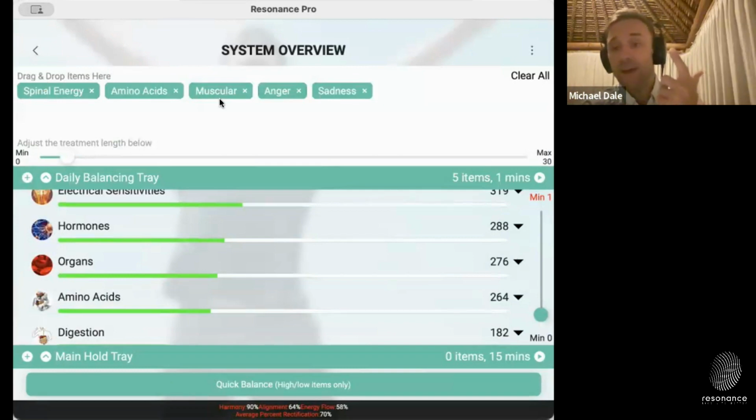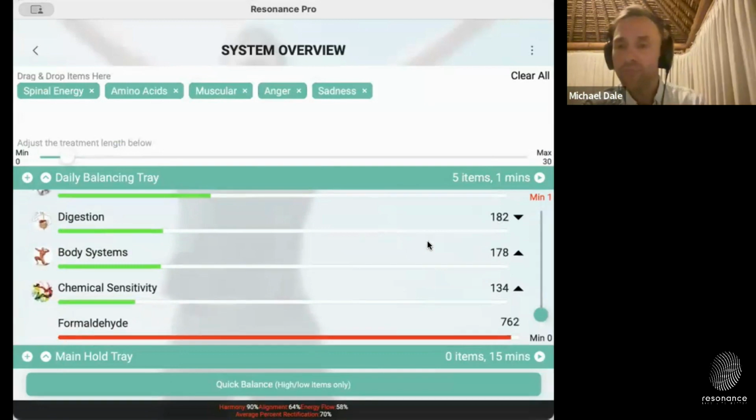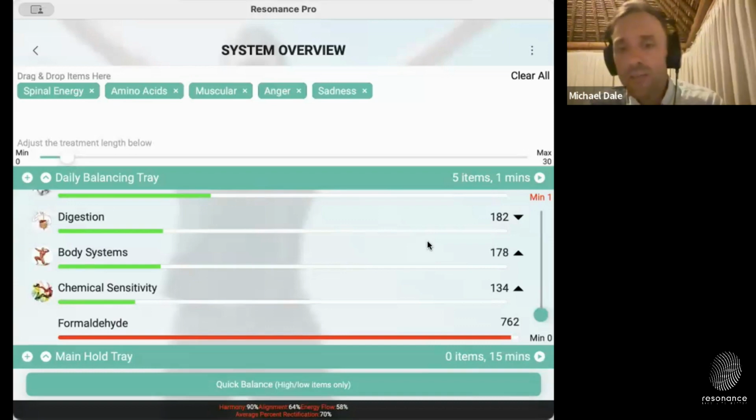We were going to do one daily balancing tray, and then the main hold tray, we were just going to reserve for having a conversation with our client. So they've done their quick balancing, they've done their main daily balancing, and maybe their quick balancing was 3 minutes and their main daily balancing was 7 minutes or 10 minutes. And we're asking them how they feel.